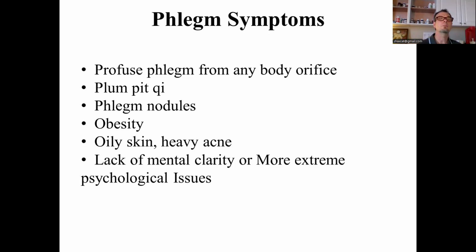Phlegm nodules, obesity, oily skin, heavy acne. With obesity, it's not just going to be, oh, this phlegm is going on. Check with people what their lifestyle is like, what their eating habits are like, how much exercise they get.